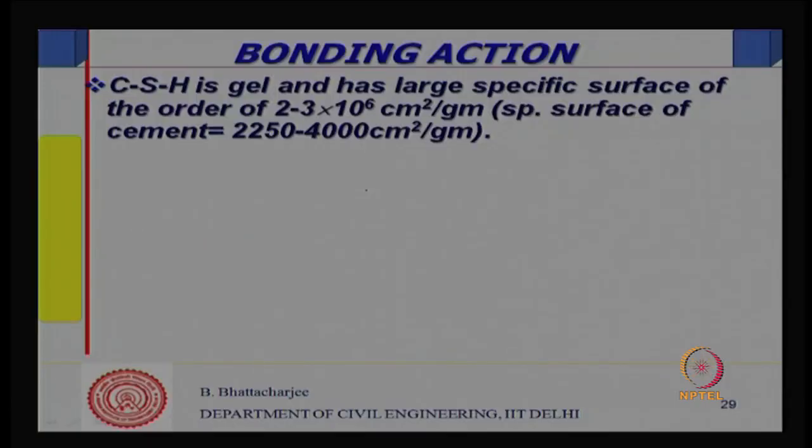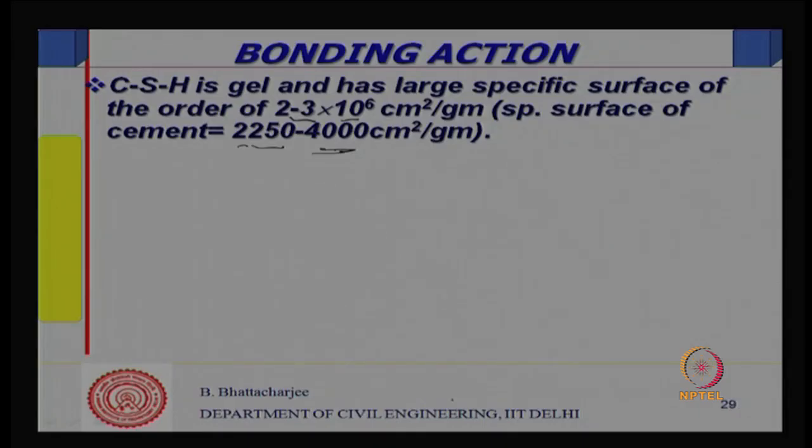Now, the specific surface of C-S-H gel is very high. You can see that it is about 1000 times more than that of cement, because it is 2 to 3 into 10 to the power 6 centimeter square, whereas for cement it is 2.2 into 10 to the power 3 to 4 into 10 to the power 3. So, this is 10 to the power 3, this is 10 to the power 6.